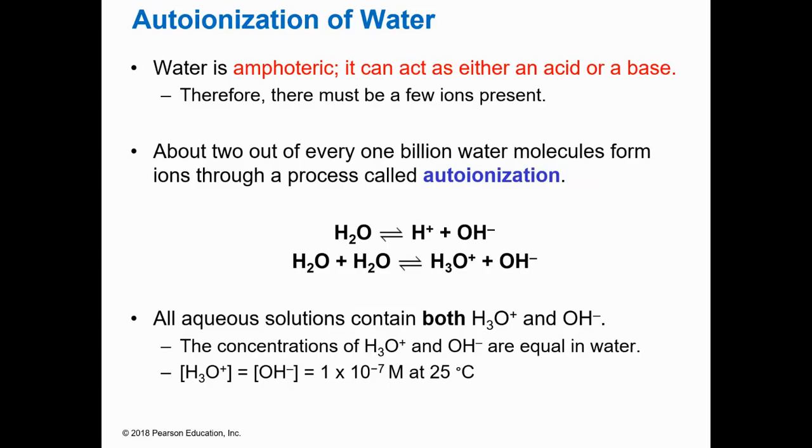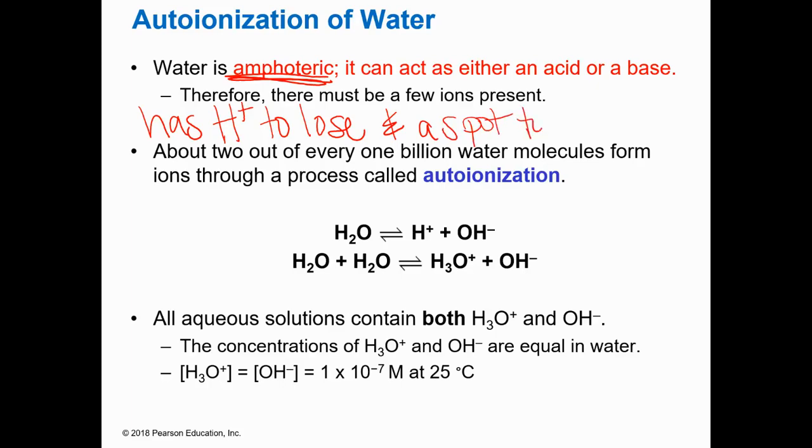Okay, something that's super important is the word amphoteric. We kind of saw this with water earlier in our last video, that water could act as an acid or a base. Okay, and really if it has H plus to lose and a spot to gain an H plus.